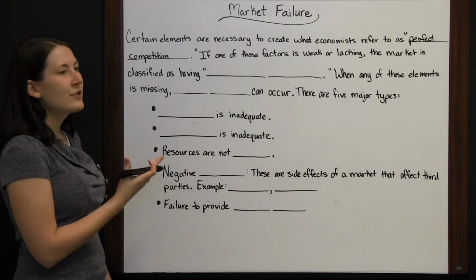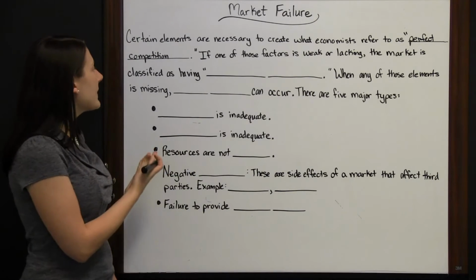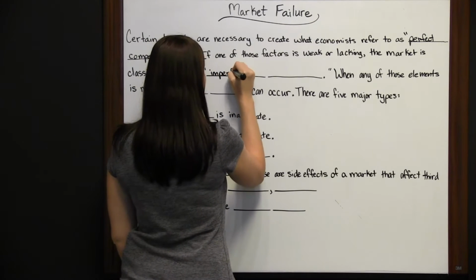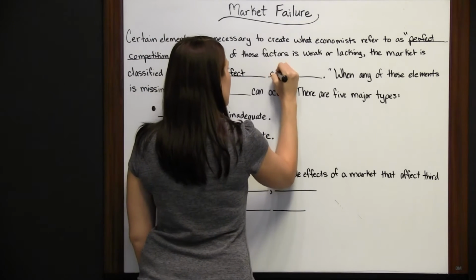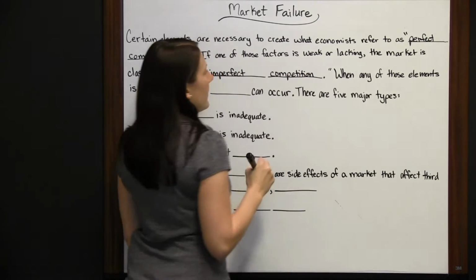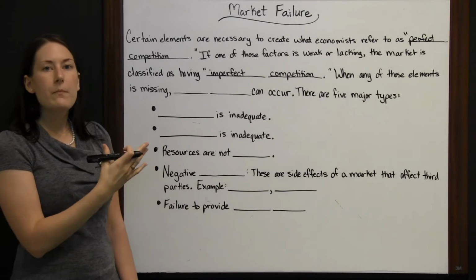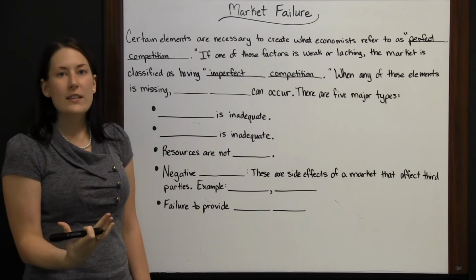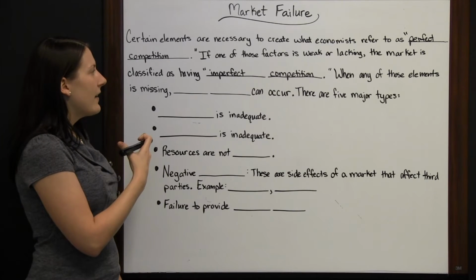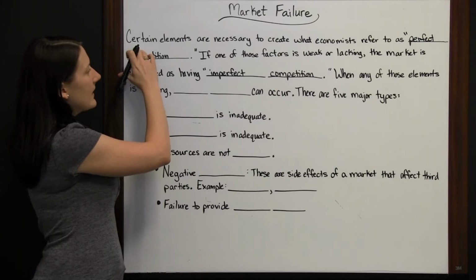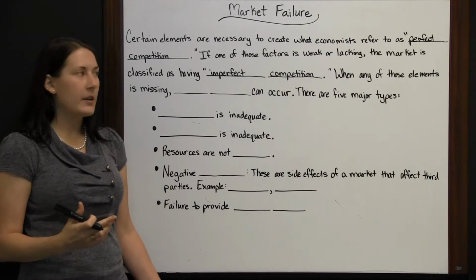If one of these factors is weak or lacking, the market is classified as having imperfect competition. So the factors aren't missing necessarily, they're just weak or lacking. They're not as strong as they should be. They don't have the same weight as in a perfect competition market.